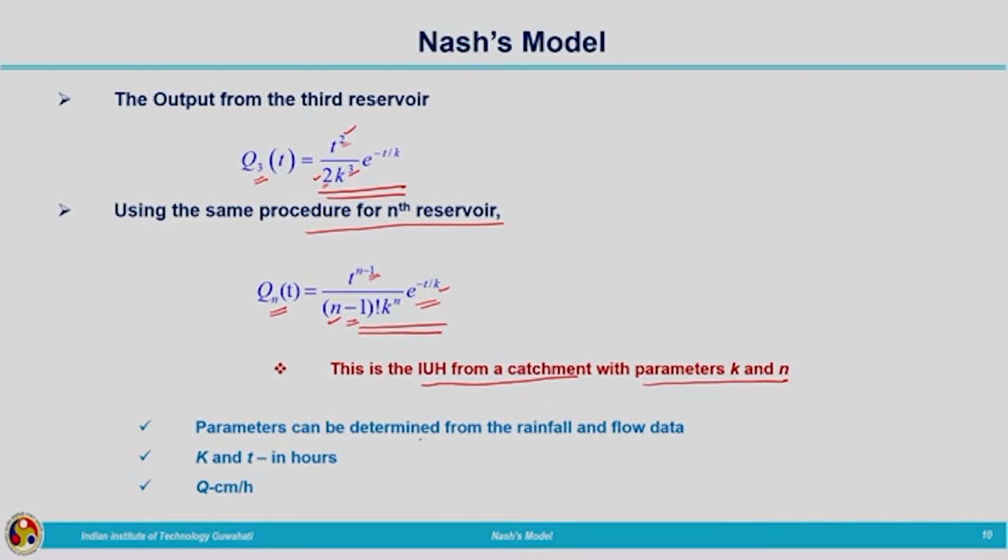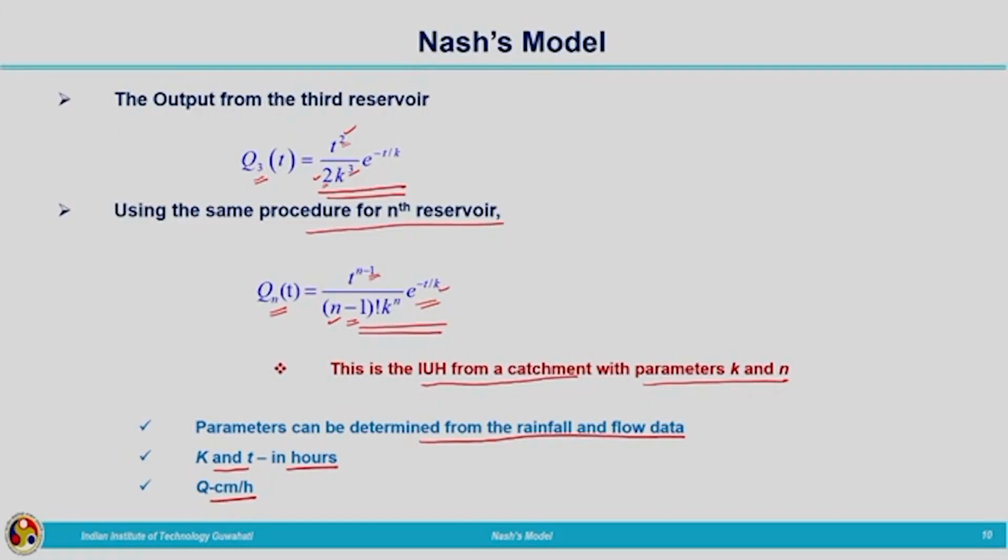The parameters can be determined from the rainfall and flow data. K and t are in hours and Q is in centimeters per hour, because we were discussing 1 centimeter of rainfall acting instantaneously in the case of an impulse input. So this expression gives us Q in the unit of centimeters per hour.